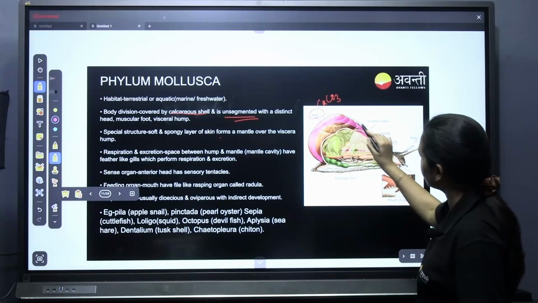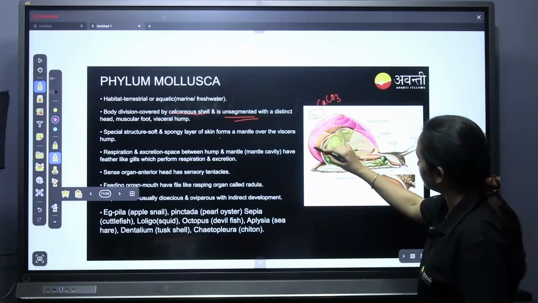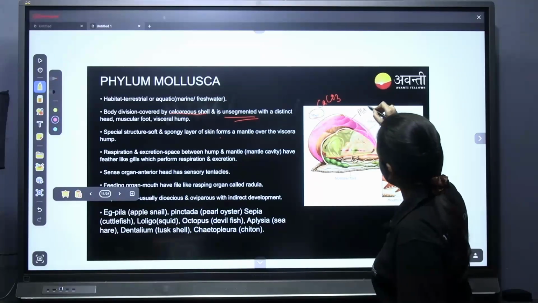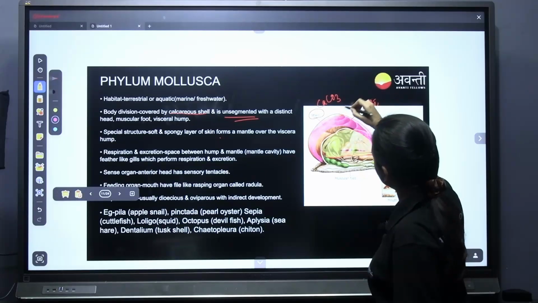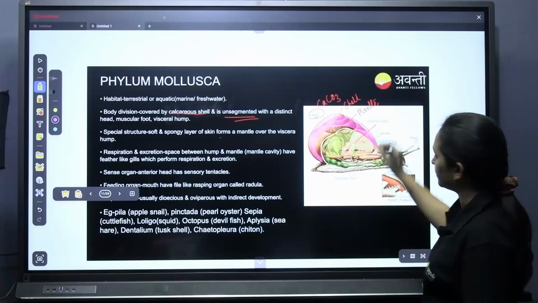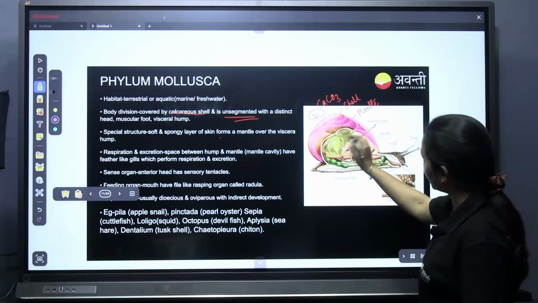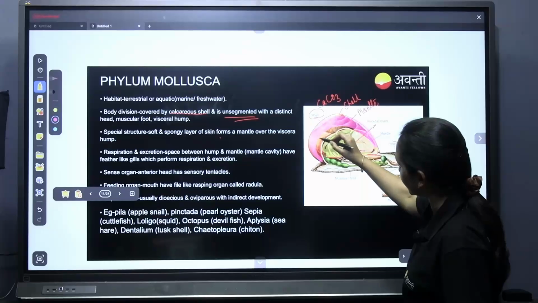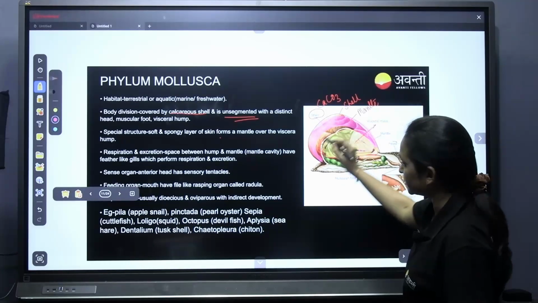This is the mantle, this is the shell, and inside this is called the visceral mass. In between the mantle and visceral mass, you can see feather-like structures.